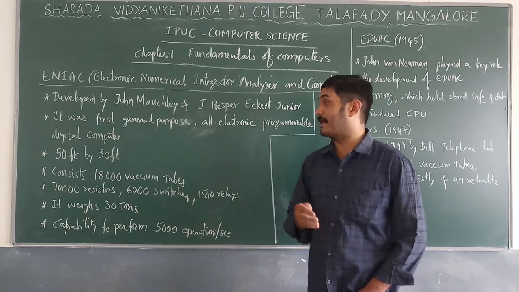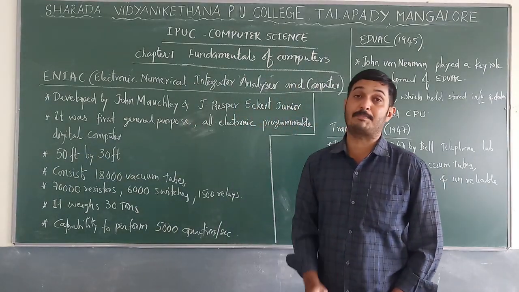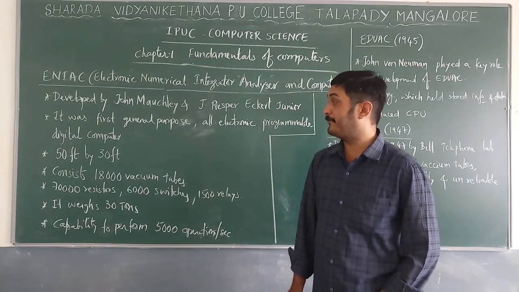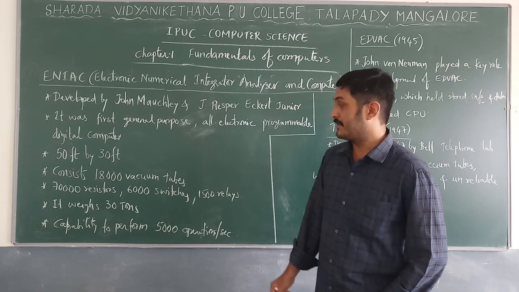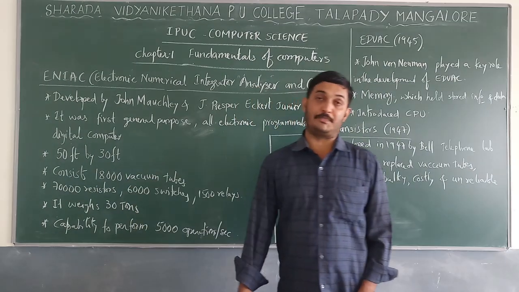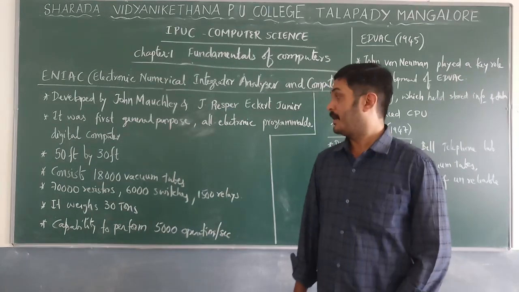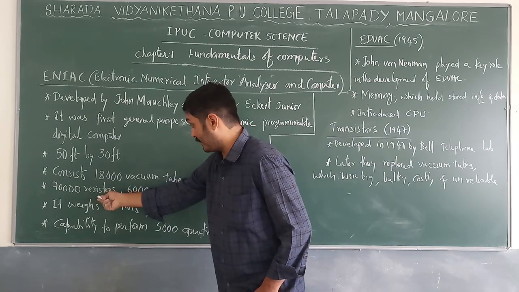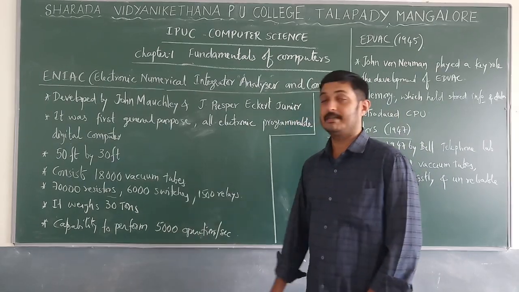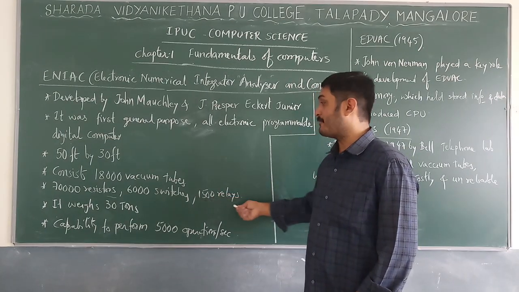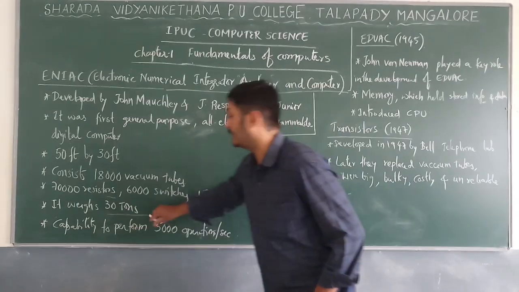ENIAC is the first electronic computer and its size is 50 feet by 30 feet of floor space. The ENIAC computer consists of 18,000 vacuum tubes, 70,000 resistors, 6,000 switches and 1,500 relays, and it weighs 30 tons.